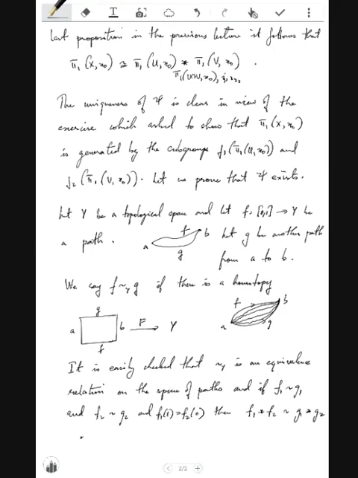So here we have f1, here we have f2. The endpoint of f1 is the same as the starting point of f2. And here we have g1 and g2. Then the concatenated loops are also homotopic.